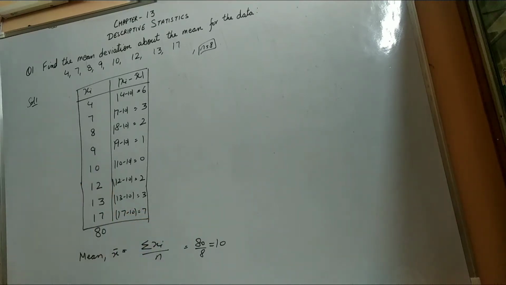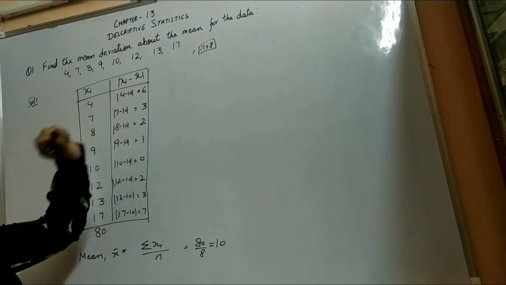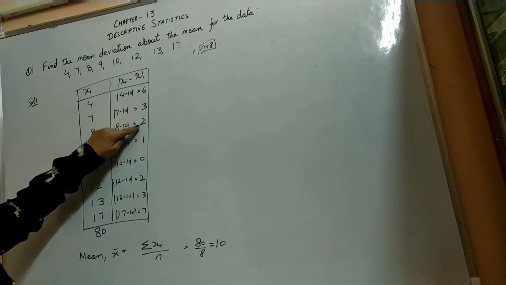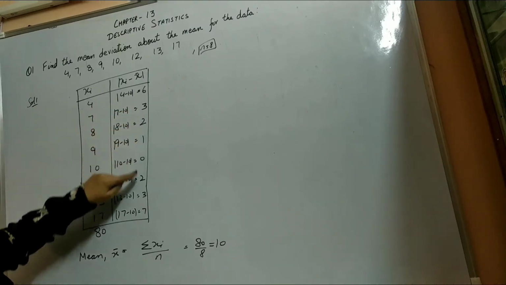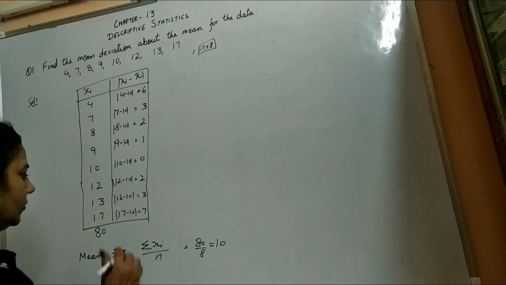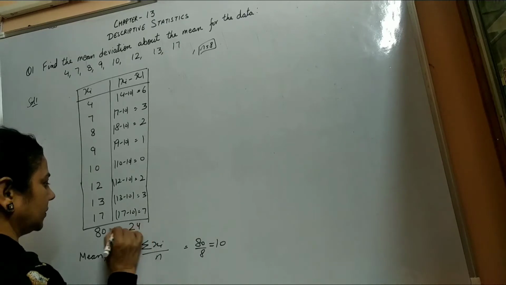Add all this. Since it is a mod, we will take the positive value only. 6 plus 3, 9, 11, 12, 13, 14, 17, 24. So the sum is 24.